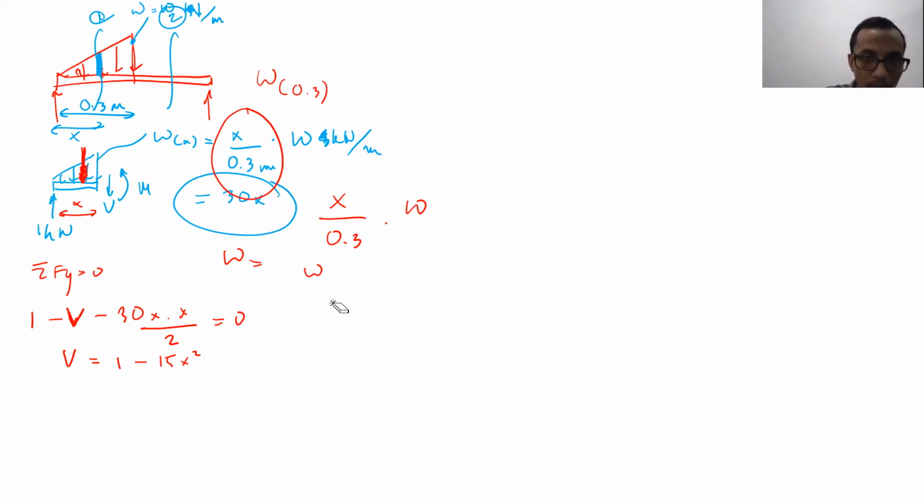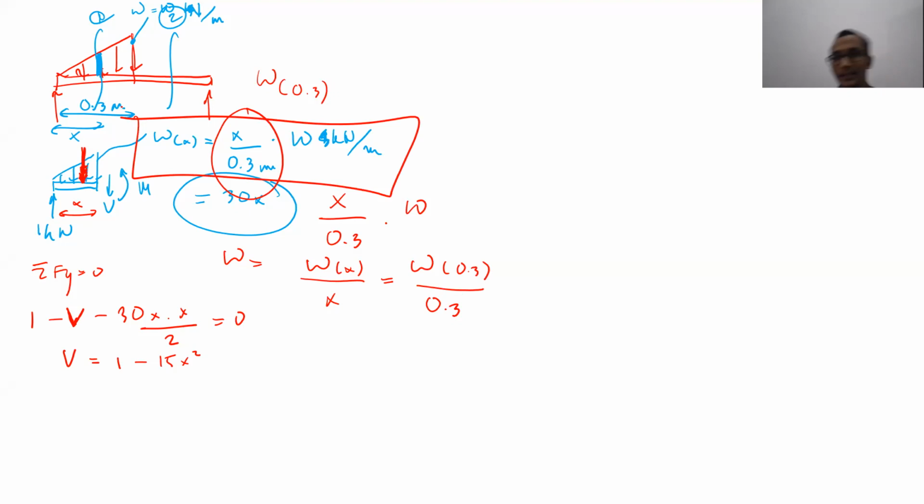The value of W at x divided by x is the same as the value of W at 0.3 divided by 0.3, because it's linear. If I just move everything around, this is what I get. Do you get it? That's the first thing you're supposed to do to find the W value at x. Then everything else can come from there.